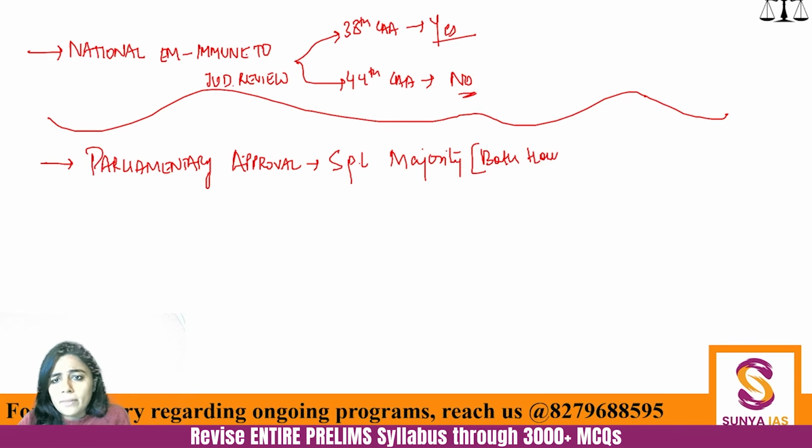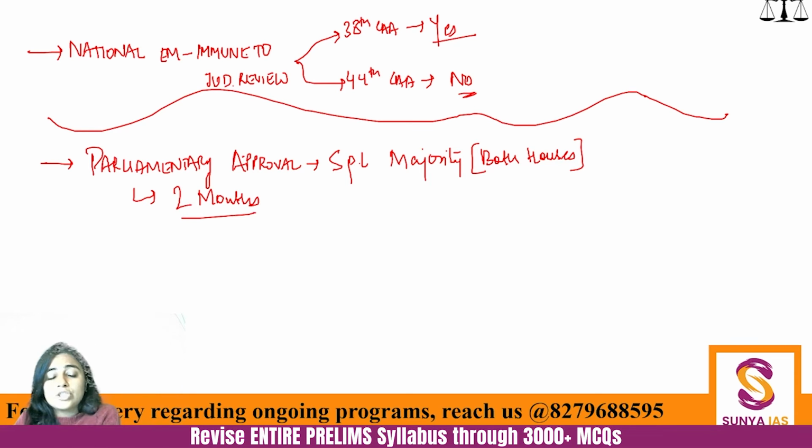This is one thing. Now, within what time? It is a very good thing that for the emergency provision, a time limit has been given. Earlier, the time limit was 2 months. So within 2 months of the proclamation of emergency, it had to be approved by both houses of parliament, otherwise the emergency will cease to exist. And what is the purpose? The purpose is that there should not be any authoritarianism, right?